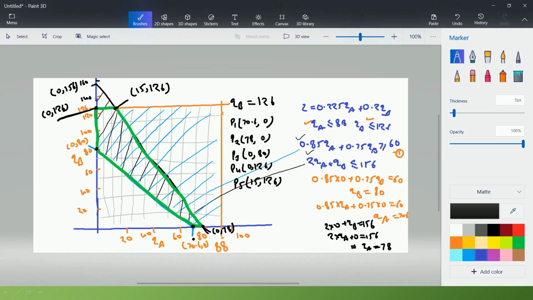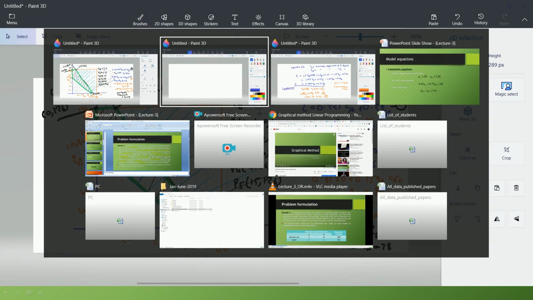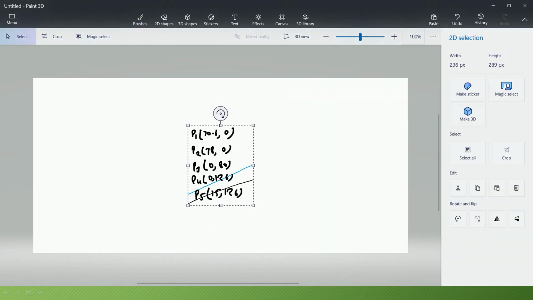Now we will put all these values in this equation. The point which will give maximum profit will be our optimal deployments. So let me just copy these points and paste them here.